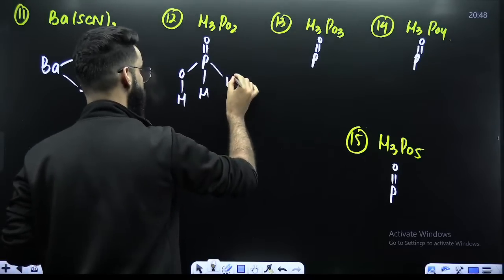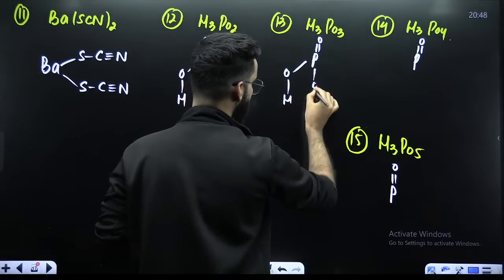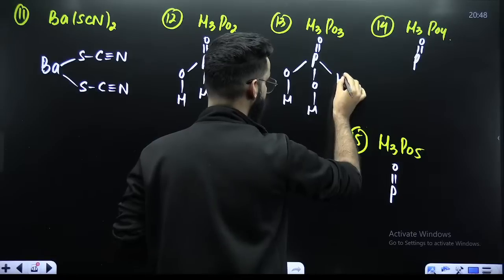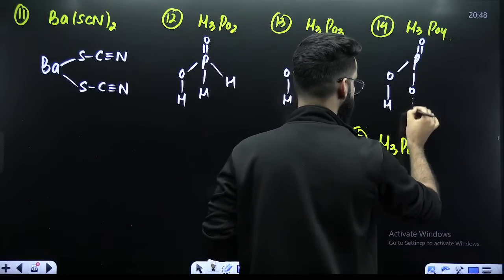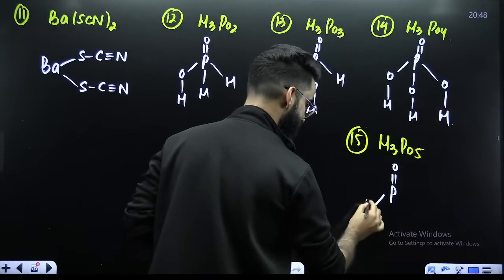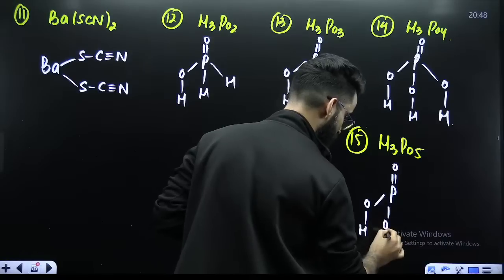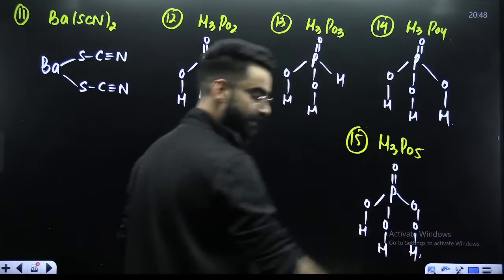Similarly, 2 more hydrogen. That is H3PO2. This is how your H3PO3 looks like. This is how your H3PO4 looks like. This is how your H3PO5 looks like.